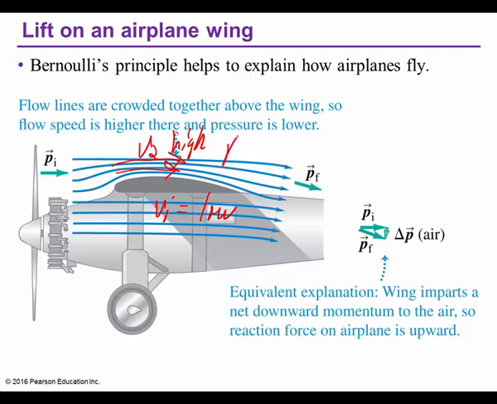Pressure 2 is low. Pressure 1 is high. And so guess what? The air sucks the plane off the ground. It sucks the plane off the ground. That's how it works. That's the Bernoulli effect, okay, or Bernoulli's equation. It's the Bernoulli principle, okay?